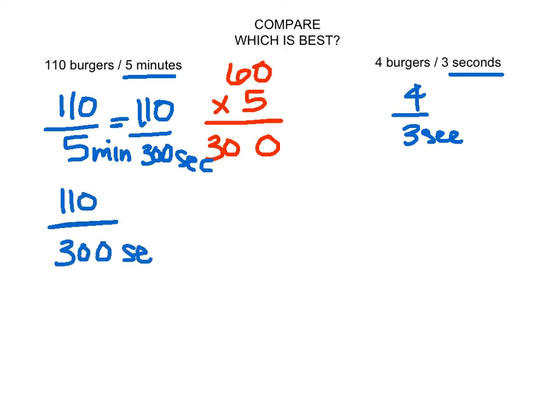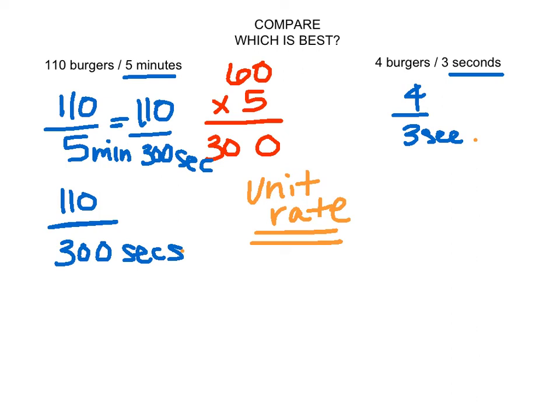We have 110 in 300 seconds, and we're comparing it to 4 in 3 seconds. So if we really want to compare, we have to go down to that unit rate. And remember, unit rate is when you put it over 1. So we want to take everything to the unit rate in the same measurement, seconds. So I have to divide 110 by 300.